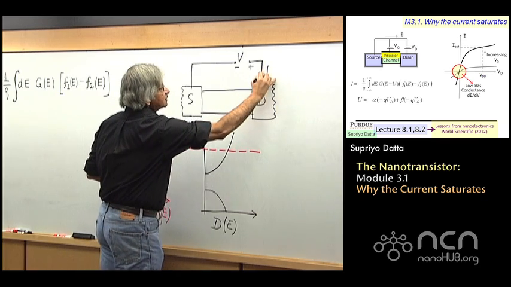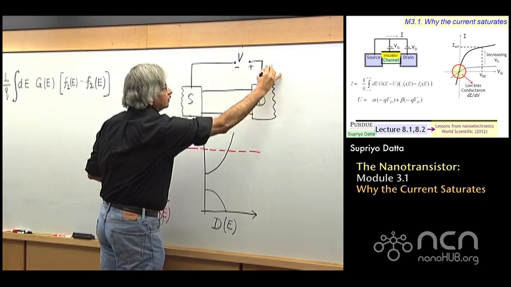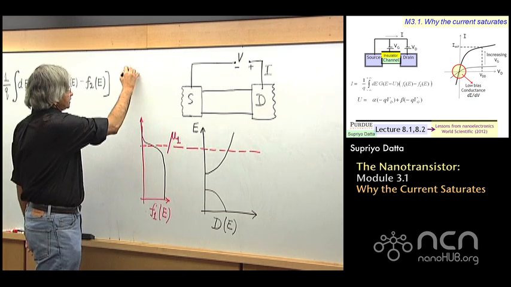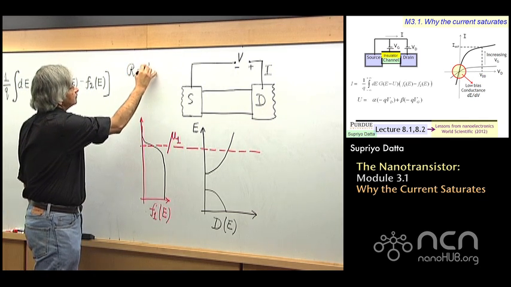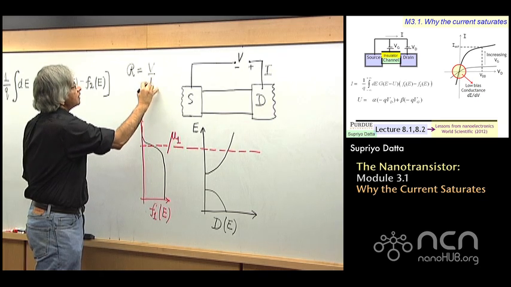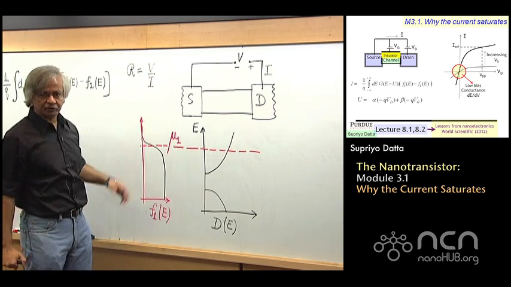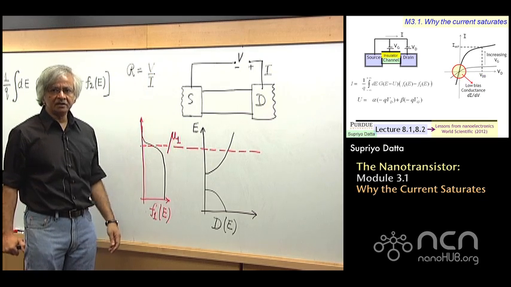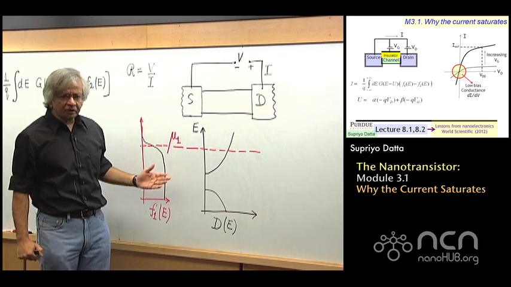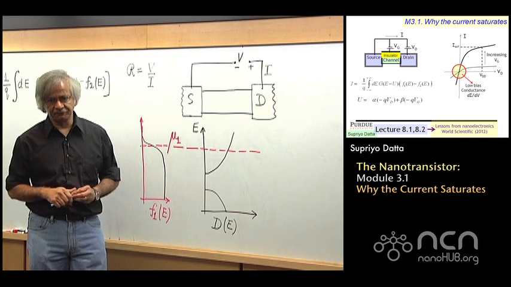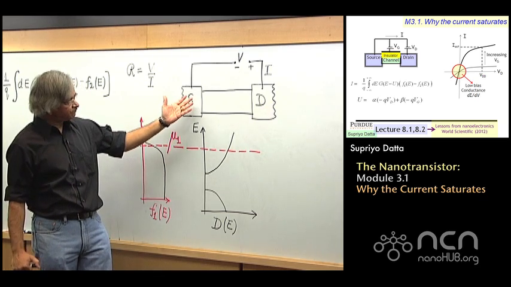And the voltage divided by the current is what you'd call its resistance. And for small voltages, I guess the current is proportional to the voltage, and you can talk in terms of the resistance. And what you have done so far is to discuss the factors that affect that resistance.